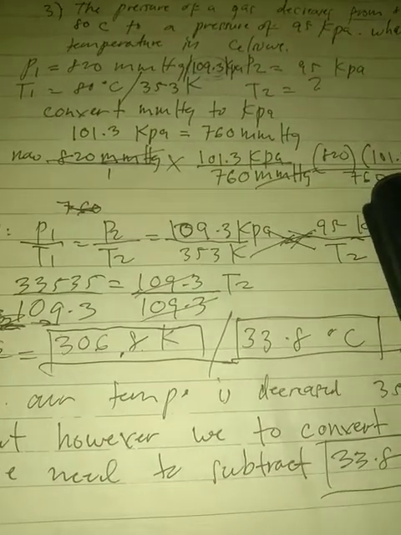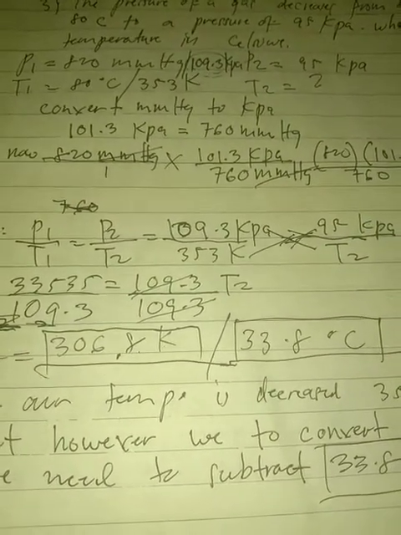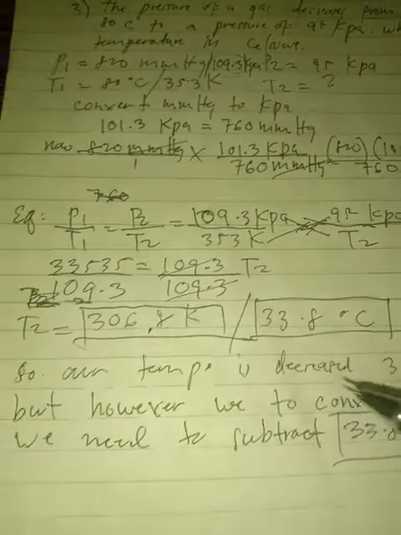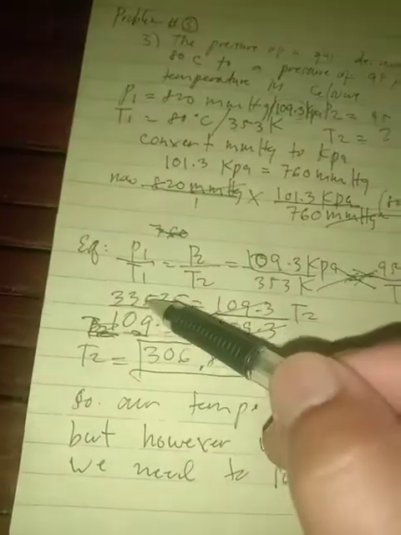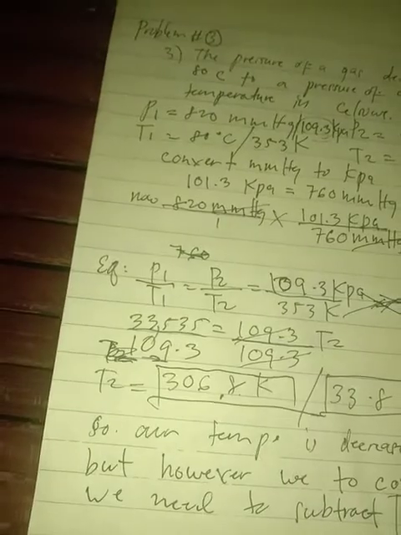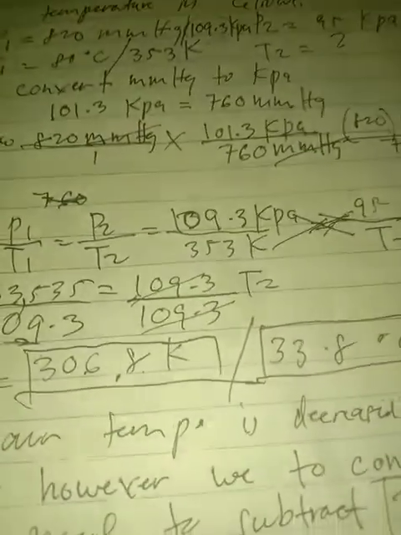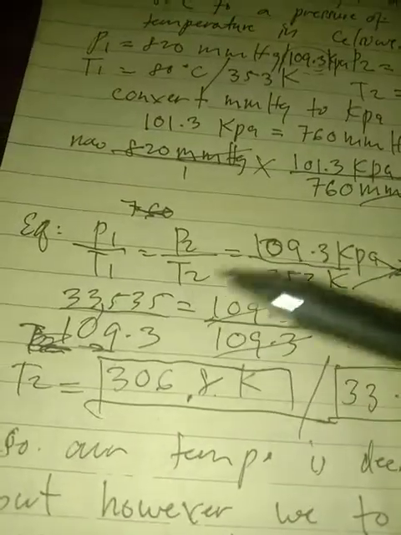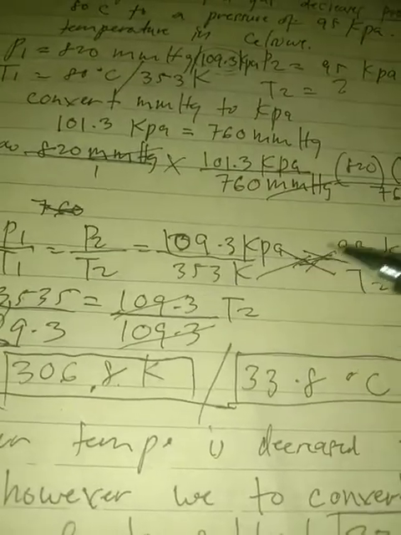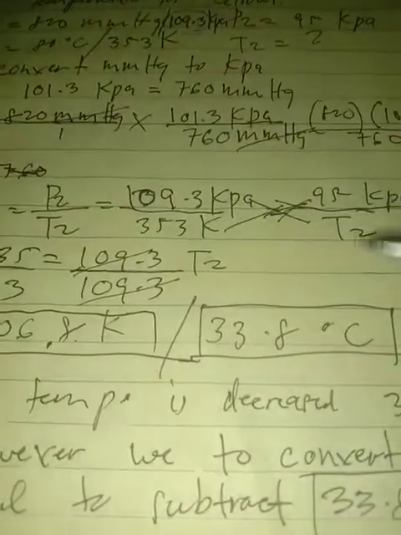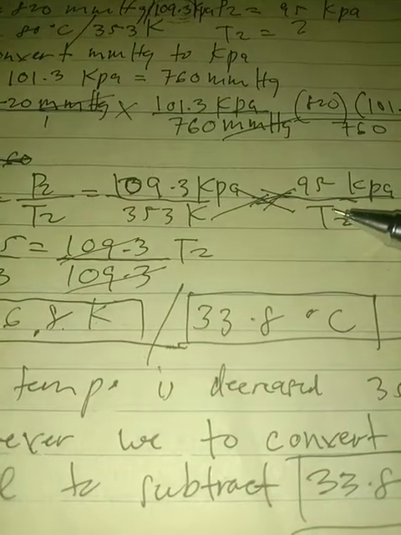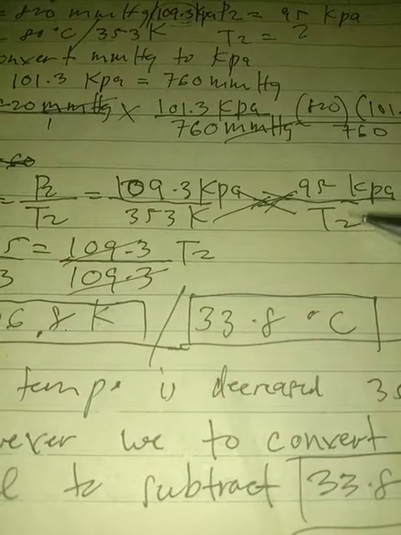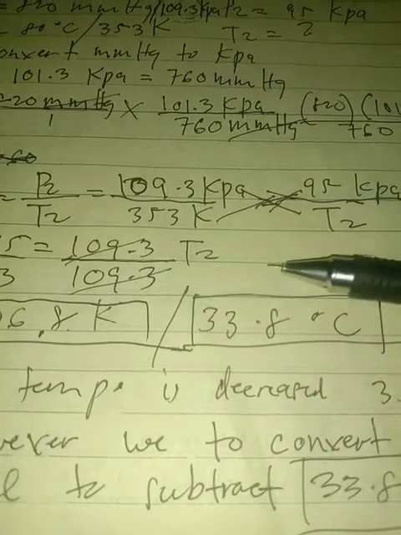The answer is 33,535. Then we write it down here, because we cannot multiply it, since T has no value yet.